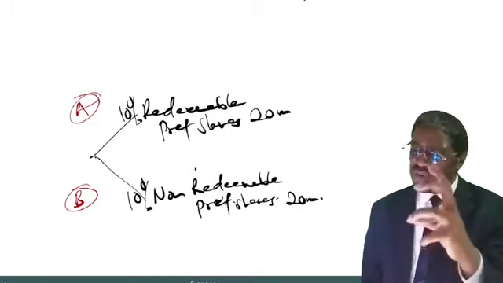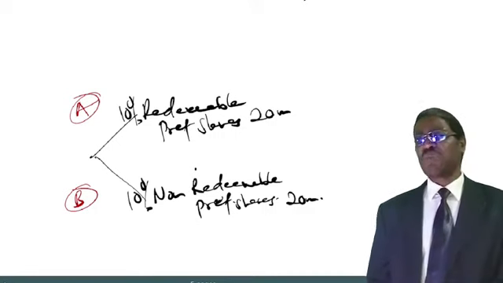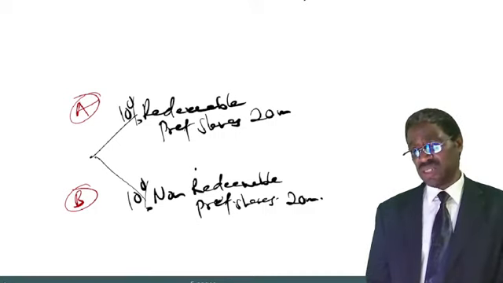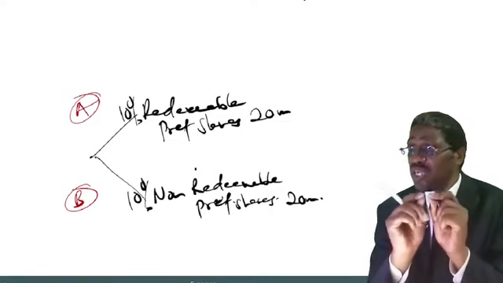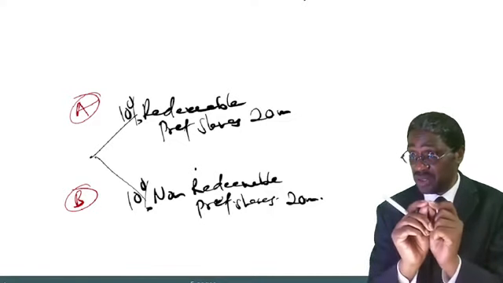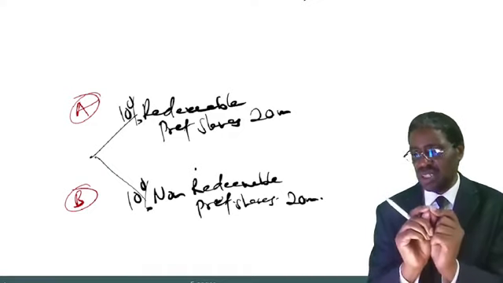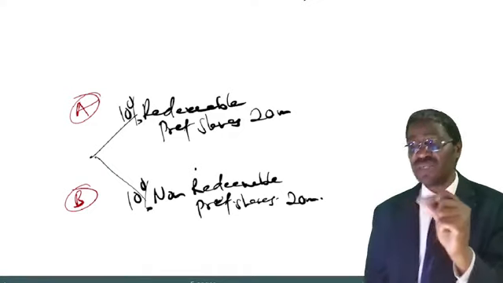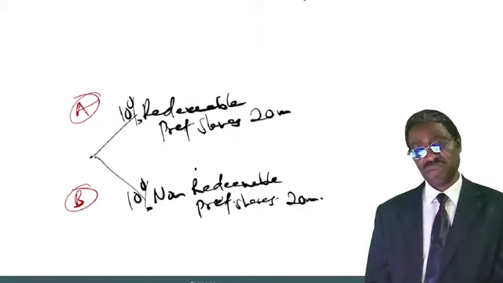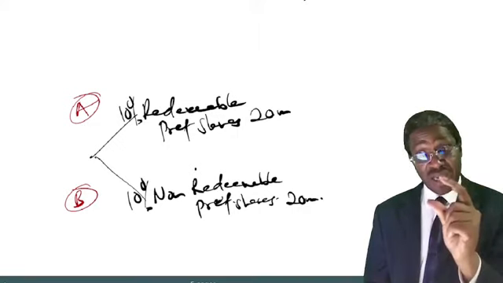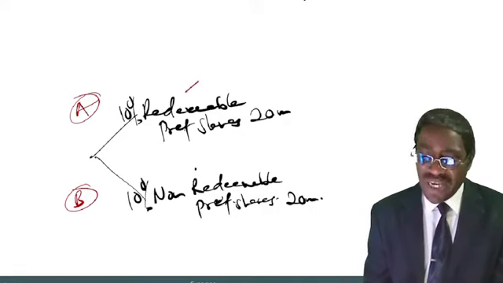For redeemable preference shares, when company A was issuing them, it must have told the people who bought the shares that one time in the future, we shall redeem those shares. So company A has an obligation.